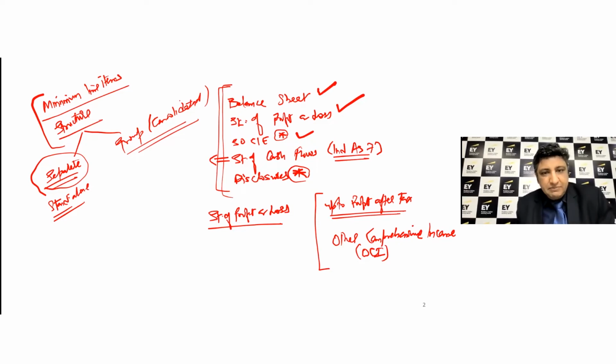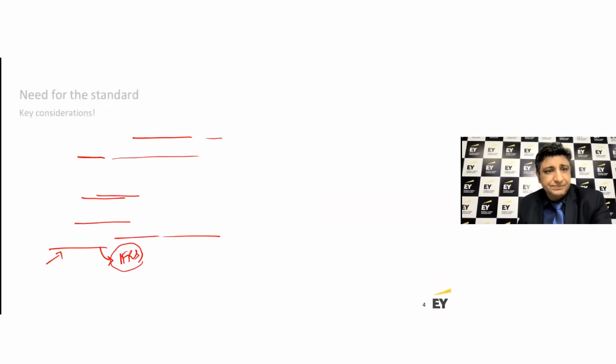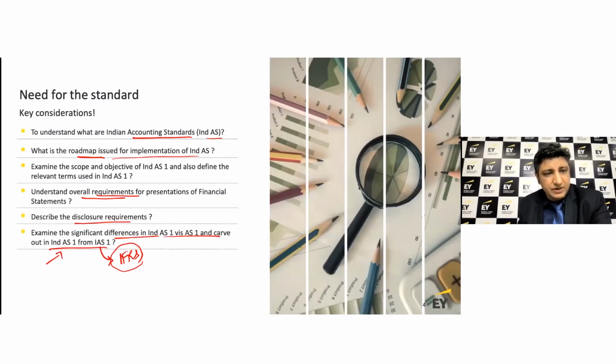Okay. So we'll be using those terminologies, and we'll be using those aspects when we deal with the respective standards as and when the need arises, but we'll be discussing those from that perspective.